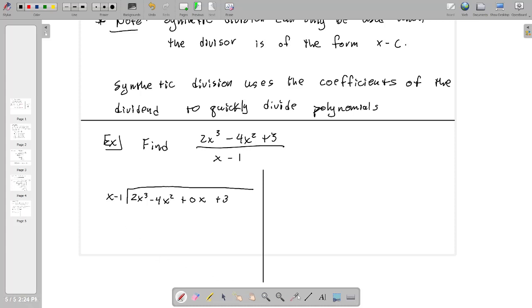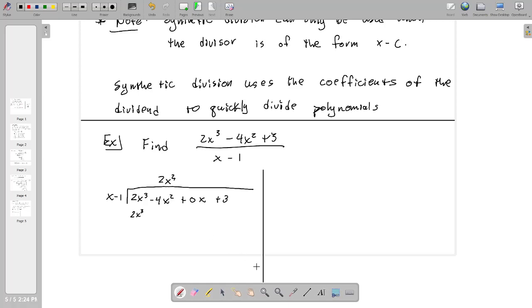Let's start with long division just for the practice. What times x gives us 2x cubed? That would be 2x squared. 2x squared times x is 2x cubed. 2x squared times the negative 1 is negative 2x squared.